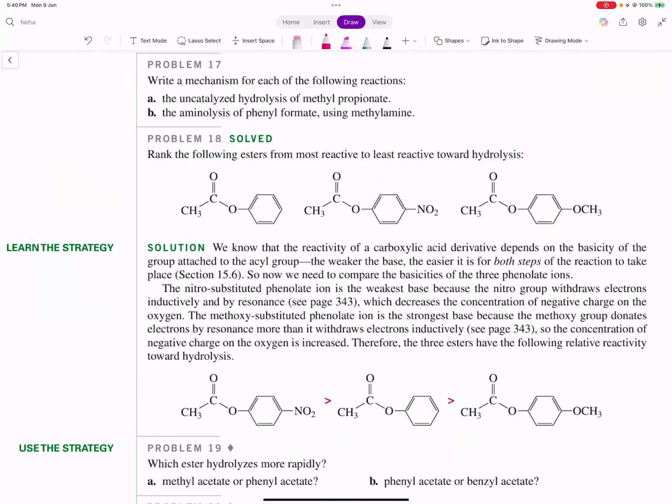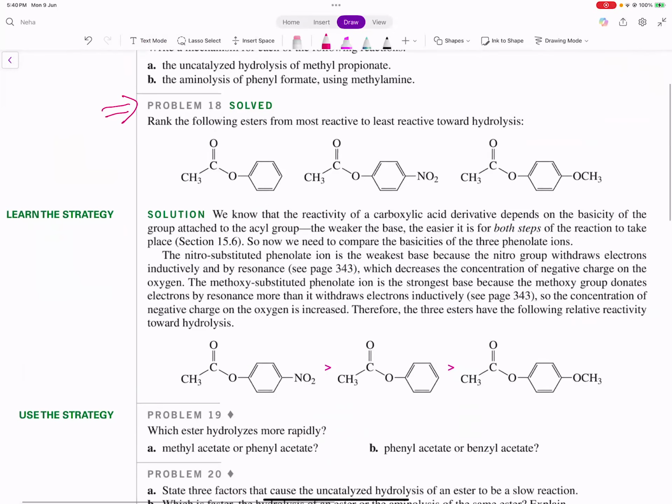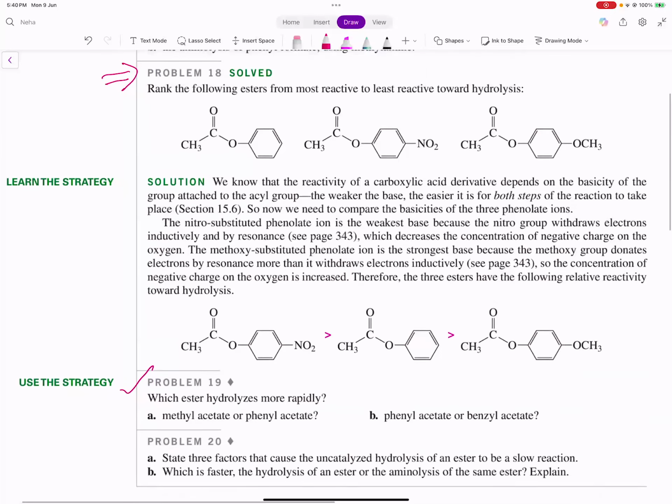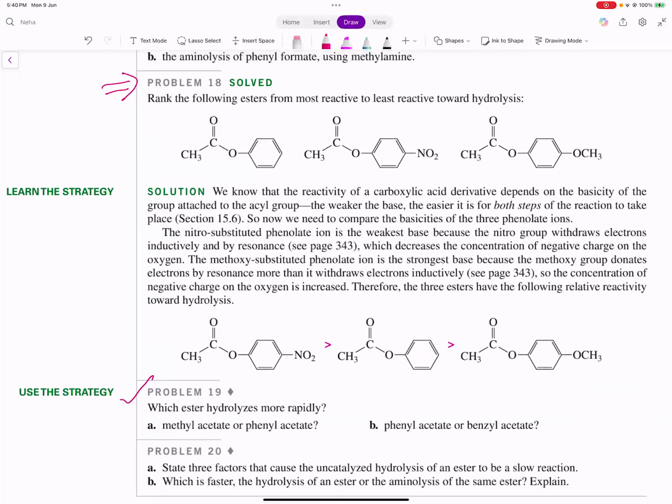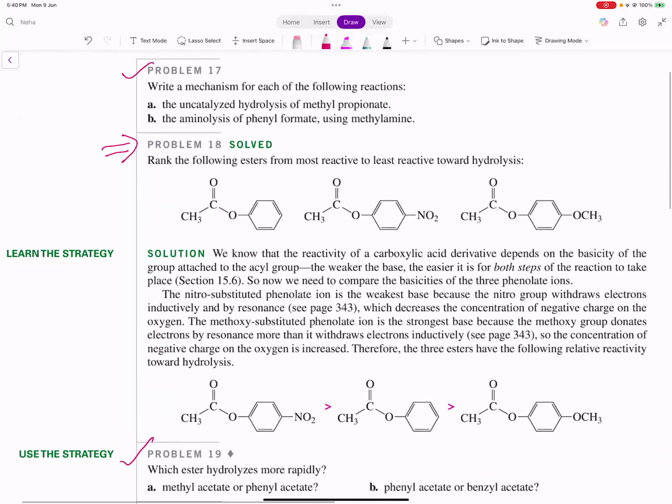Now do problem 17. We'll do some problems in the class. Do problem 17, and then I want you to look at problem 18. It is solved, but I want you to look at it. And then I want you to do problem 19. So 17, 18, 19, right?